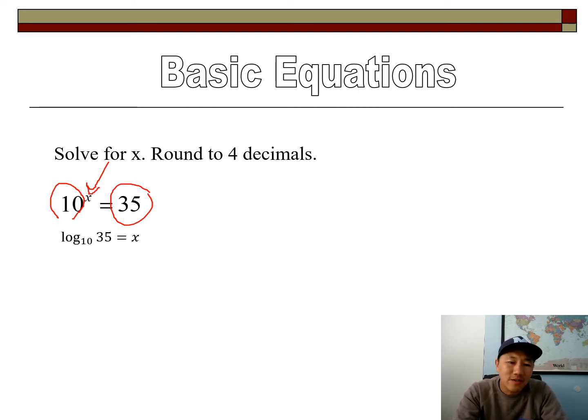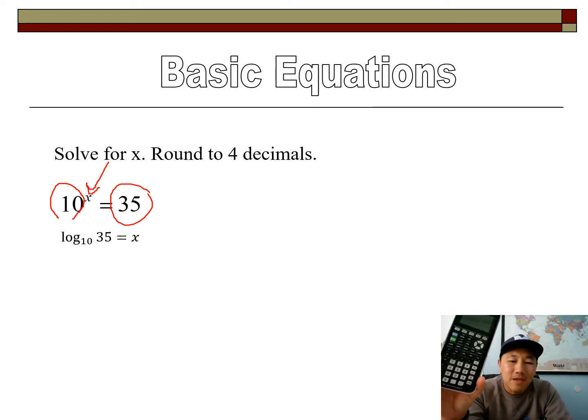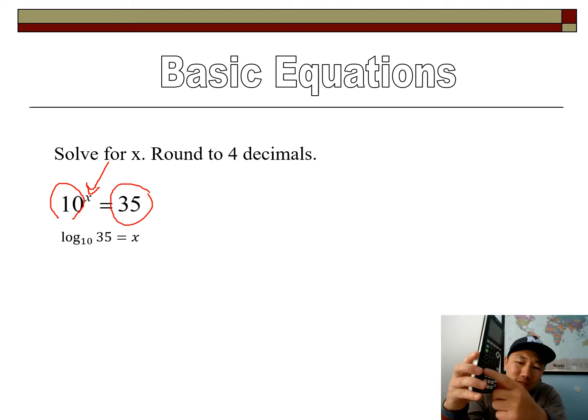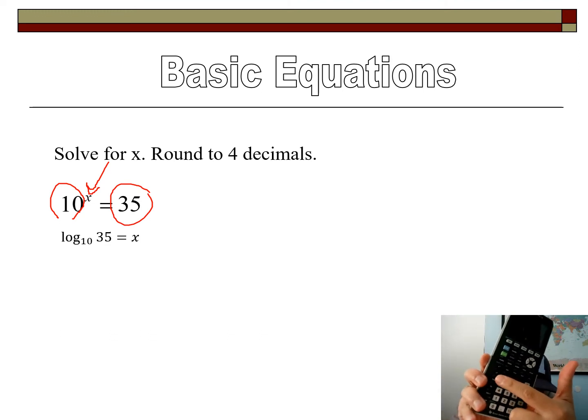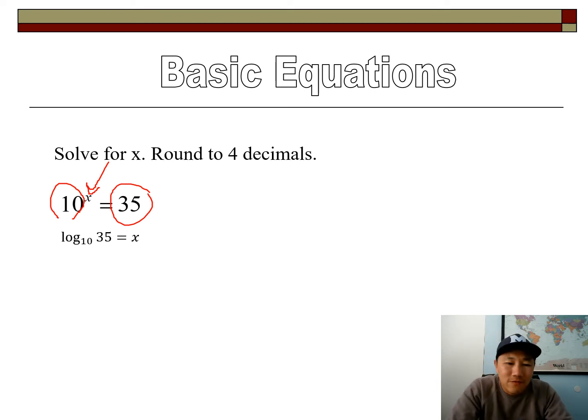From here, on your calculator, your graphing calculator if you have one, it is base 10, so there's a log button right here. It's right next to the 7, the number 7. If you punch in log of 35 into your calculator, it knows that it is base 10. So the answer is going to be 1.5441. Go ahead, punch it in your calculator right now to see if you can get that. You should.